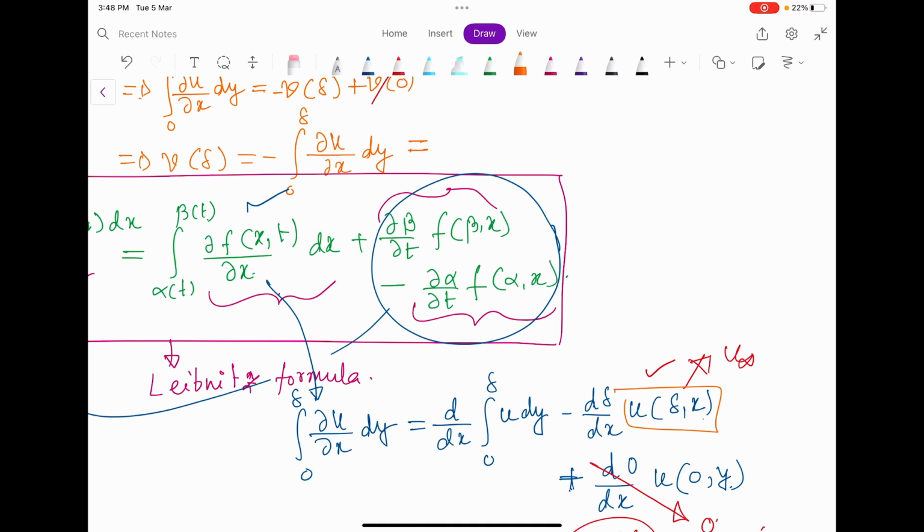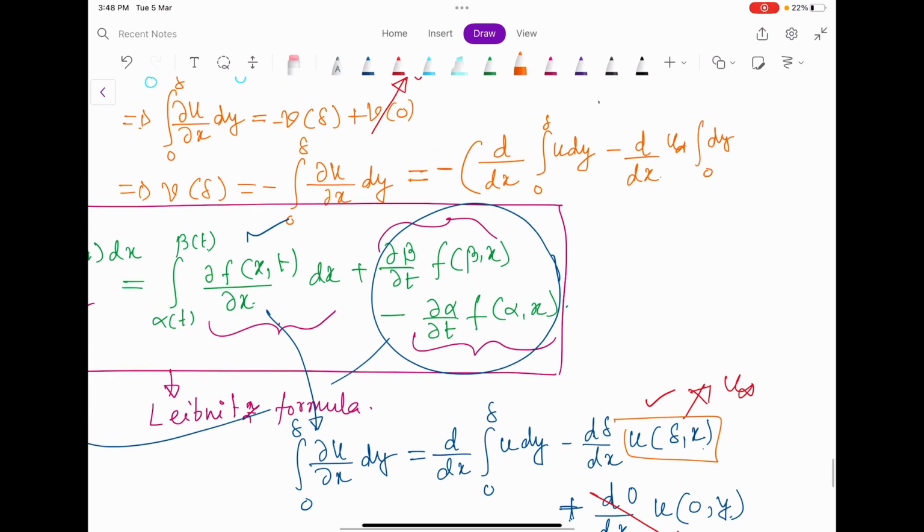So now I am sure that it is coming as what? So del u del x, it is coming as minus of d dx of this thing, and u infinity is a constant, right? So u infinity, and delta is what? Delta is integral dy 0 to delta.